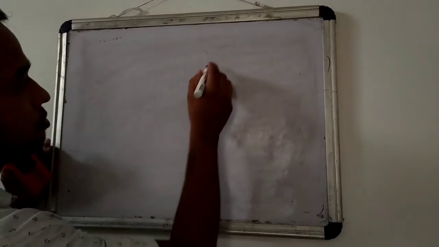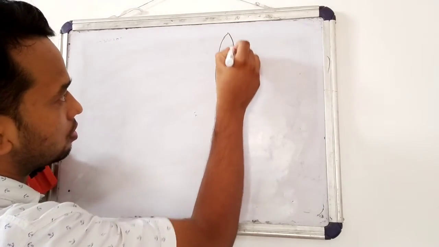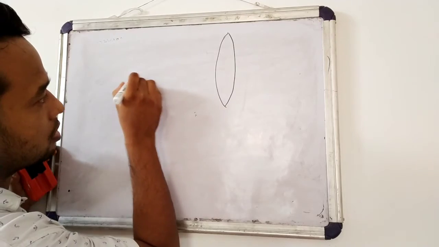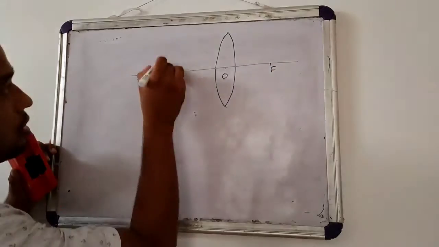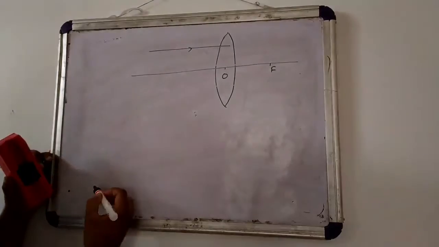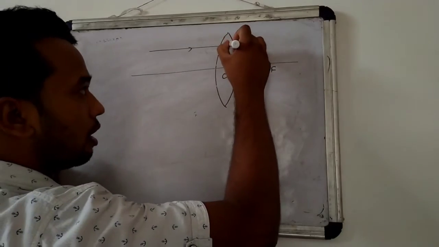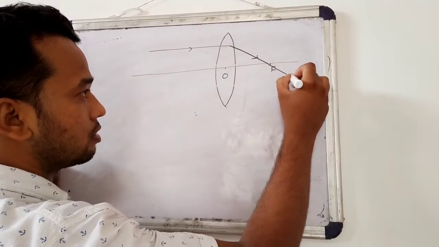So here we get power is equal to the reciprocal of focal length. This formula we can also derive. Suppose this is a convex lens, with optical center and focus. This is the parallel incident ray, and after refraction it will pass through the focus.